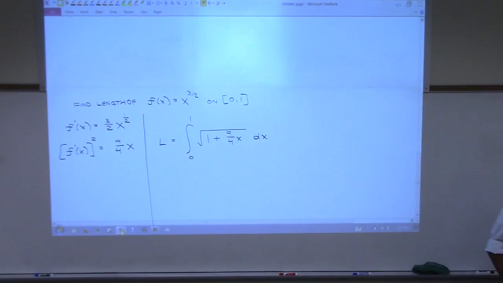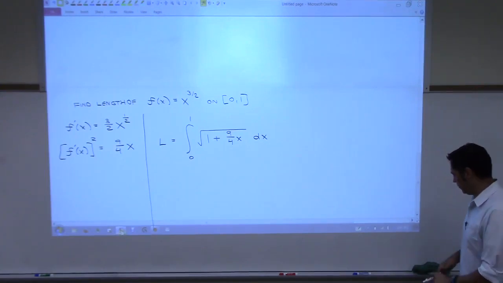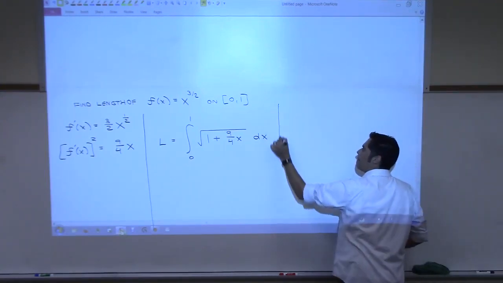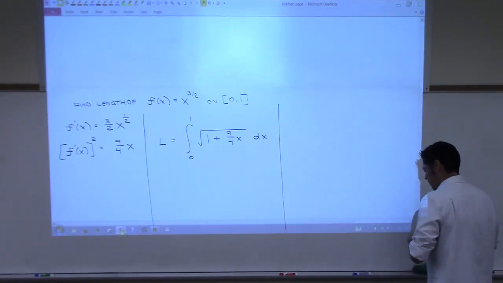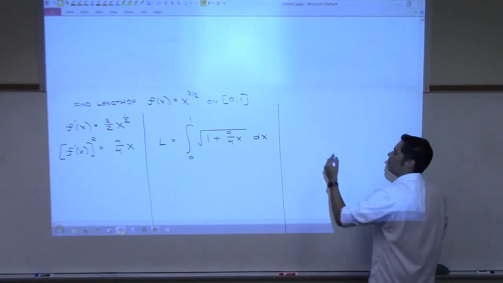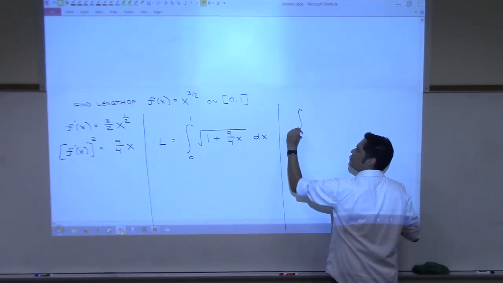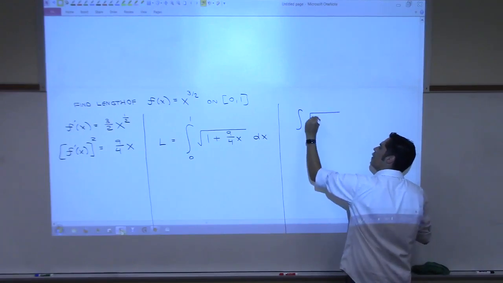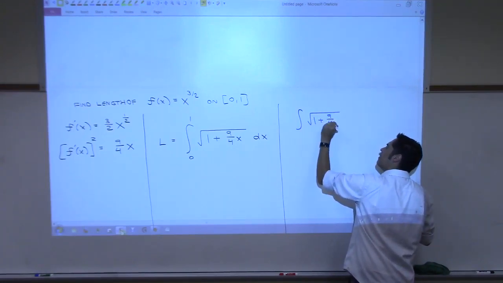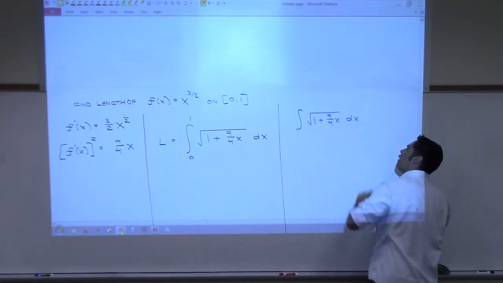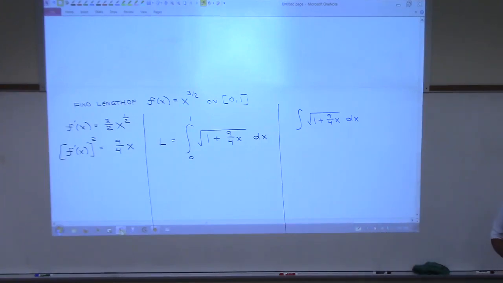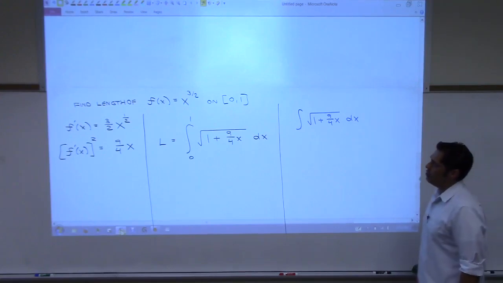And now the question is, can you integrate that? How would you integrate that? I'm going to do that over here. I'm going to write it down as an indefinite integral and act like I'm back in chapter 6 now. Actually, I don't even need chapter 6. How would you integrate this?